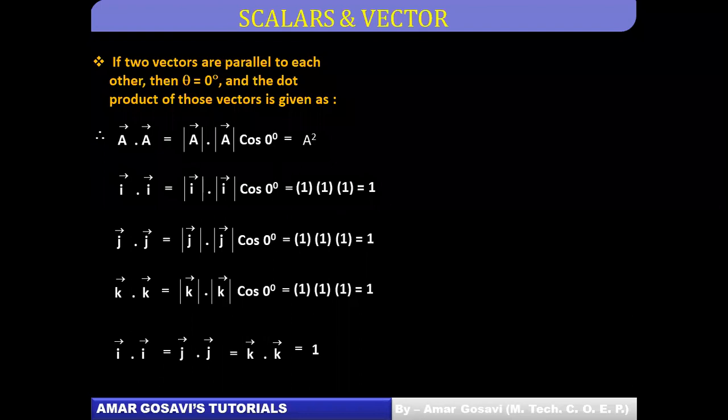This is the situation if two vectors are parallel to each other, that means the angle between the two vectors is 0. Then the dot product situations are placed in front of you on the slide. Please make a note of this. We have understood it to perfection, and let me know once you're done with it, so that I can discuss another case with you.